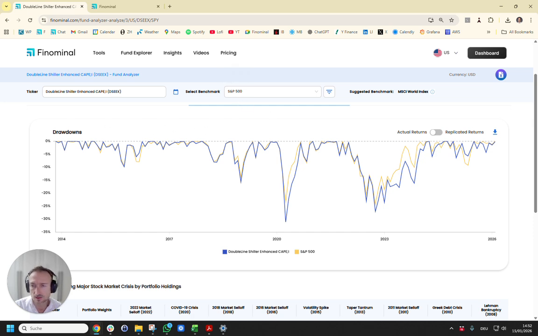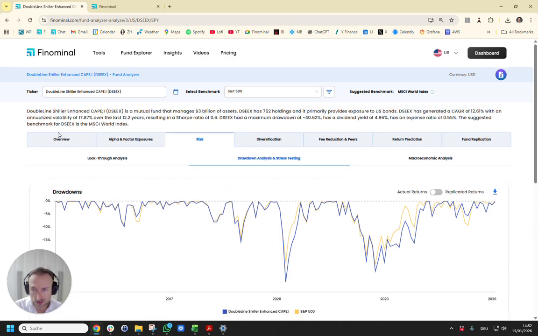Having said that, we can look at the drawdowns over here, and we can see that the drawdown during the COVID-19 crisis in 2020 was actually worse than the S&P 500, and also in 2022. So that's kind of interesting to think about.